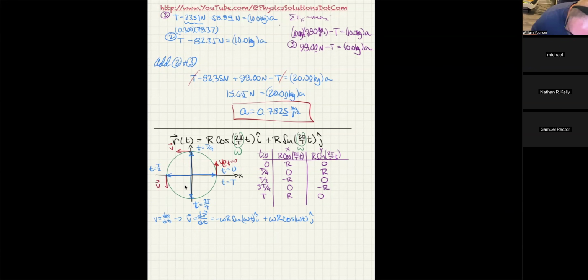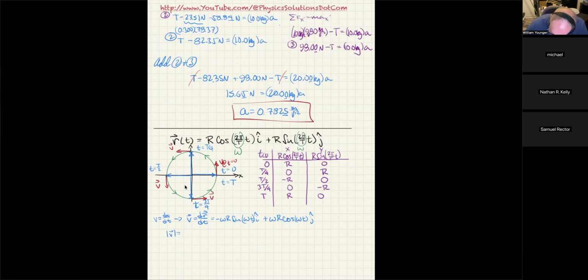This is the velocity at t equals T over 2. This is the velocity at t equals 3T over 4, and so on and so forth. So you can see not only is it a circle, it's a circle in which we're going around it in a counterclockwise direction.